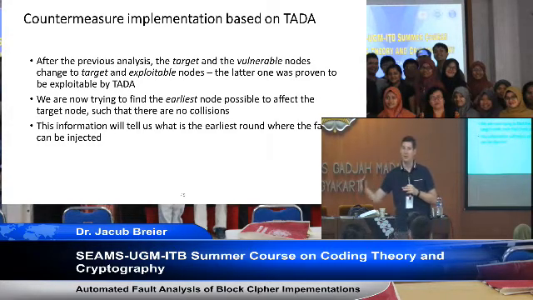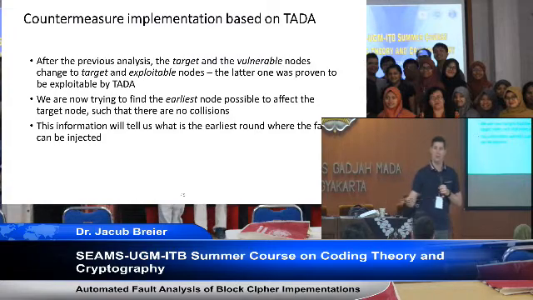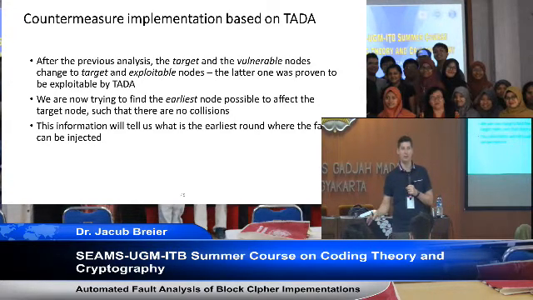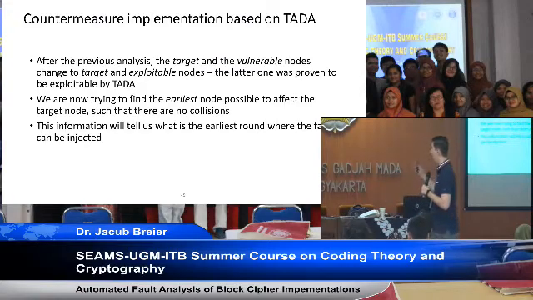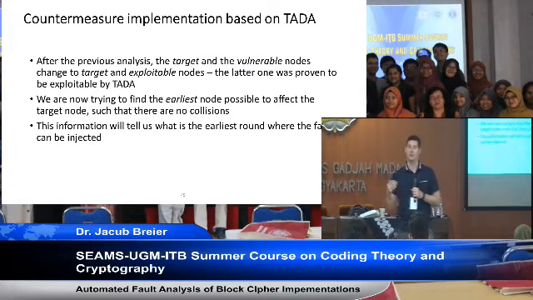So let's say we have the entire data flow graph, and we have the exploitable nodes distributed somewhere along the, most probably the last round. And we are looking at which are the earliest nodes possible which can affect these exploitable nodes.